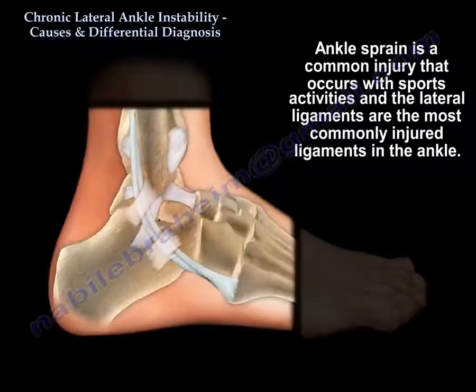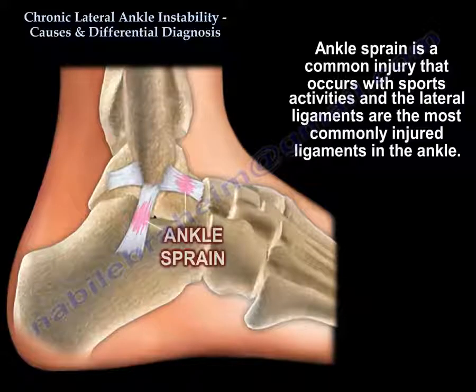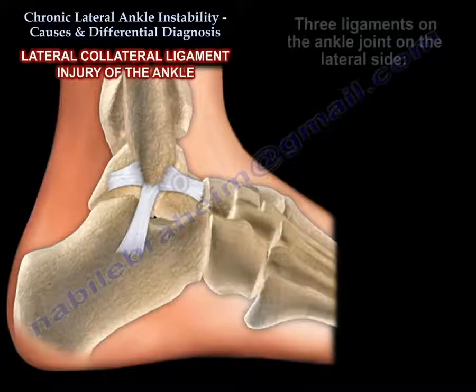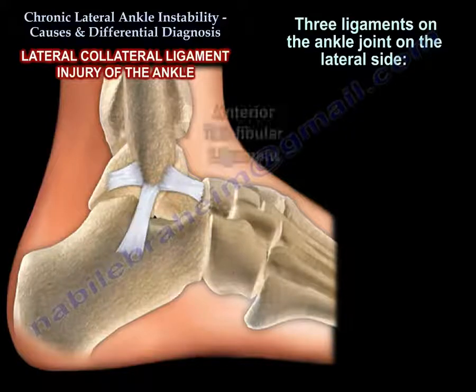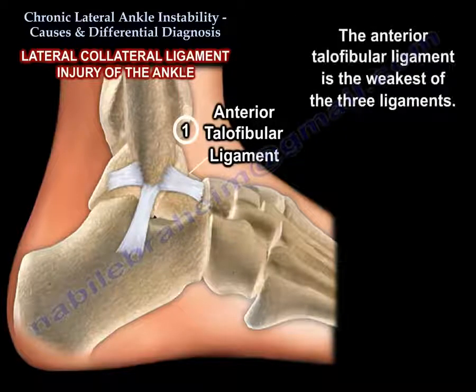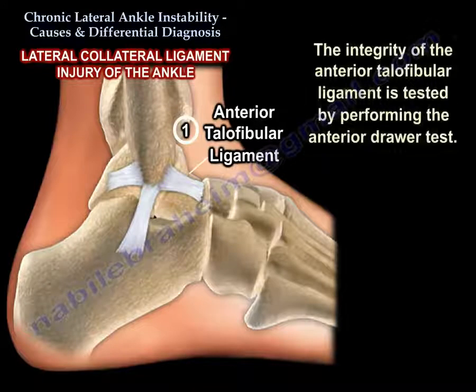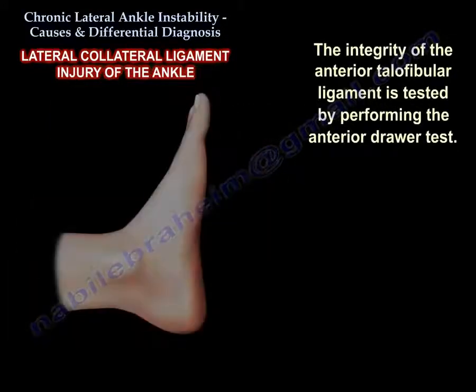Ankle sprain is a common injury that occurs in sports, and the lateral ligaments are the most commonly injured ligaments in the ankle. There are three ligaments on the lateral side of the ankle joint. The anterior talofibular ligament, which is the weakest, can be tested with the anterior drawer test.